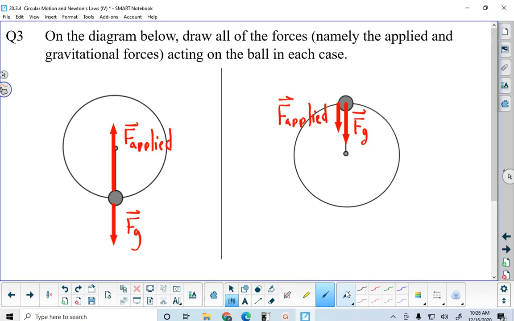Are there any other forces acting on the ball? I'd like everybody to think about that. We're into highly conceptual ideas here. Are there any other forces acting on the ball other than the force of gravity and the force that you were applying to the ball by pulling on the string?